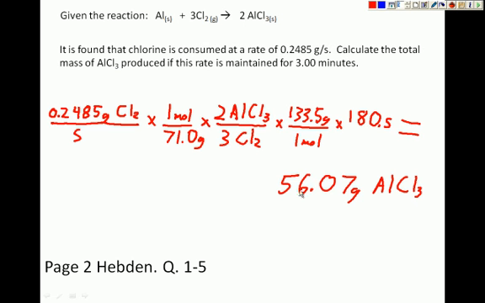Using the multiplying and dividing rule, our answer should be in 3 sig figs. Here our answer is 4 sig figs, so we need to change this into 3 sig figs. So it should be 56.1 grams of aluminum chloride, and this would be our final answer.